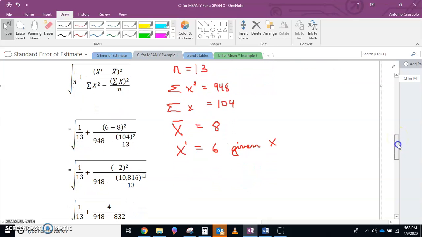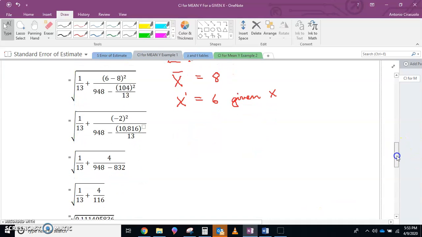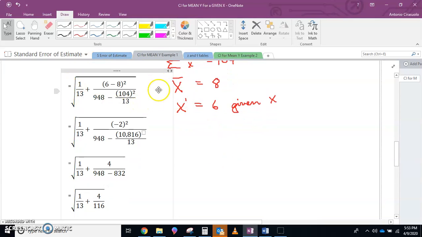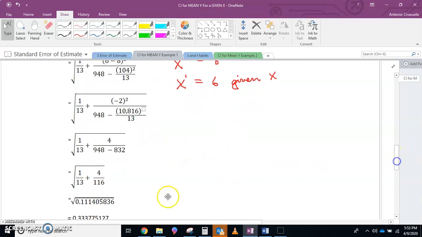So here we go. We plug these values in, and in the end, we get the following. I'll leave it up to you to make sure that you can do the calculation step by step, but I showed it here. And eventually, we get to here, 0.11405836, and that's where the error was.